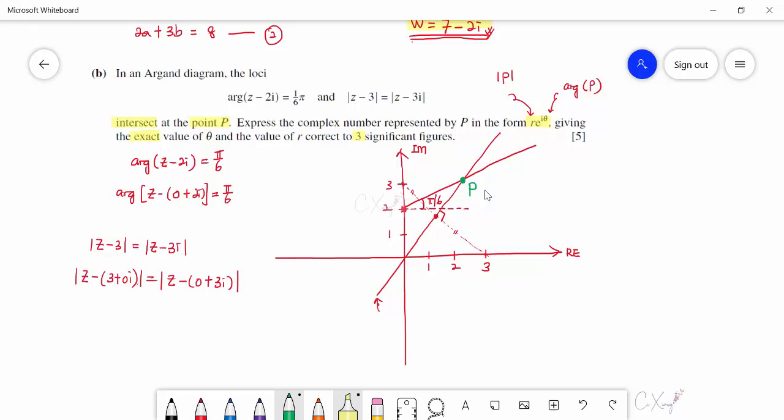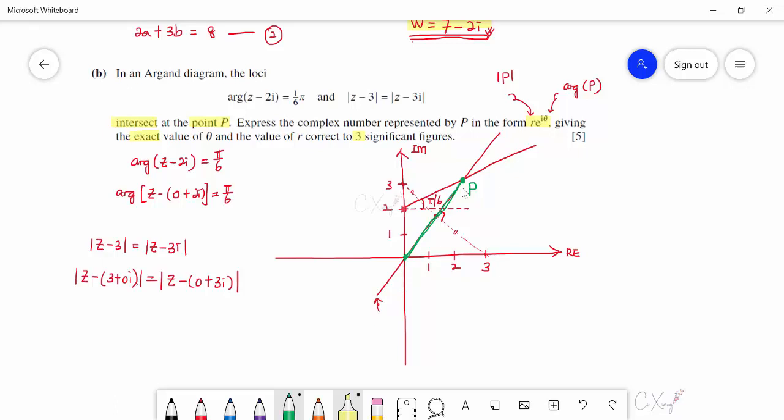The Argand diagram actually will provide you some useful information. For example, the modulus of P means the length of this line. This line is the modulus of P.